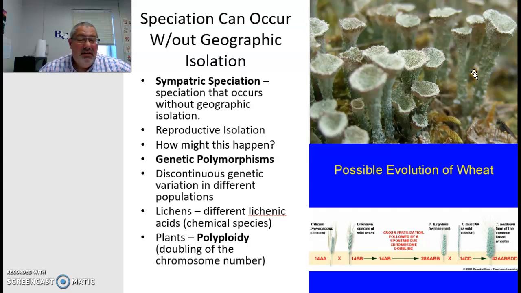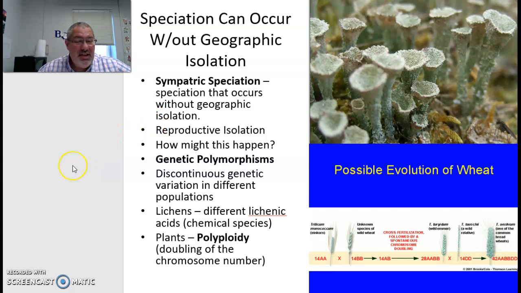So species formation in certain kinds of lichens has actually occurred by different expression of genes to produce different types of organic molecules within the body of the lichen. So that is referred to as a genetic polymorphism, the development of genetic variation within different populations. And in the case of lichens, it can only be determined by a chemical analysis.